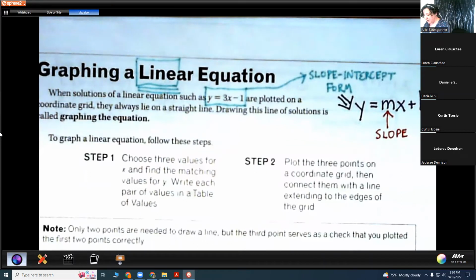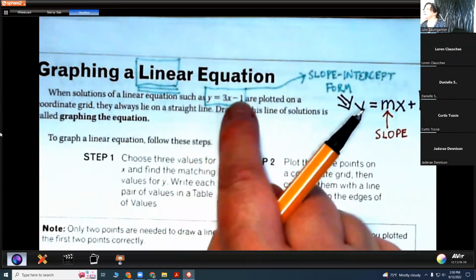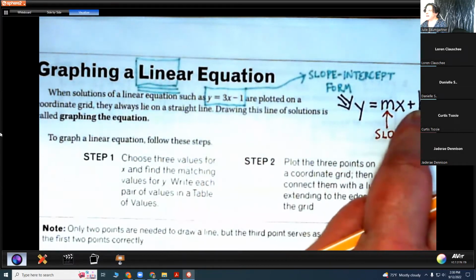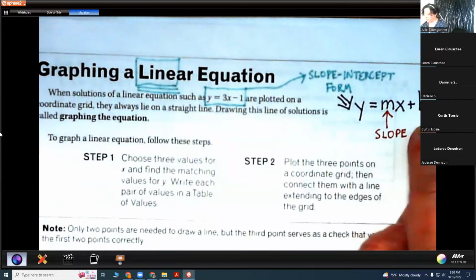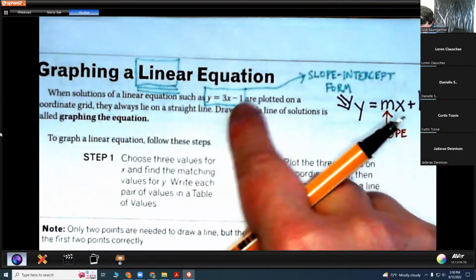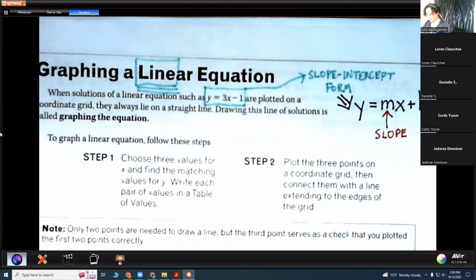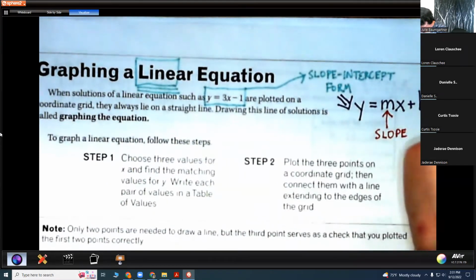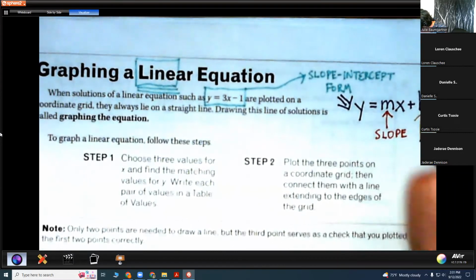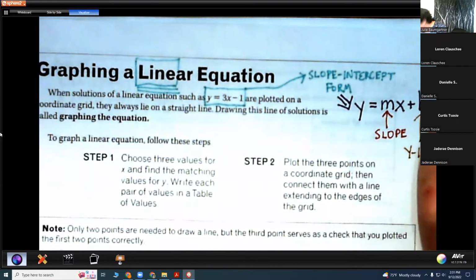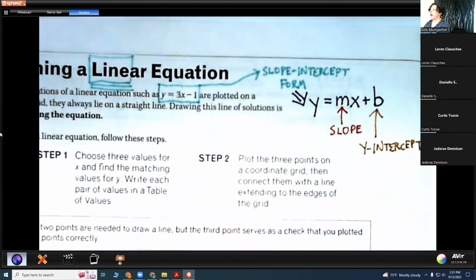So yeah, then of course, the last thing that we have here is this chunk here, the -1, which is the same as the B in our form. Okay, and so B, the value that's B, is what we call the y-intercept.